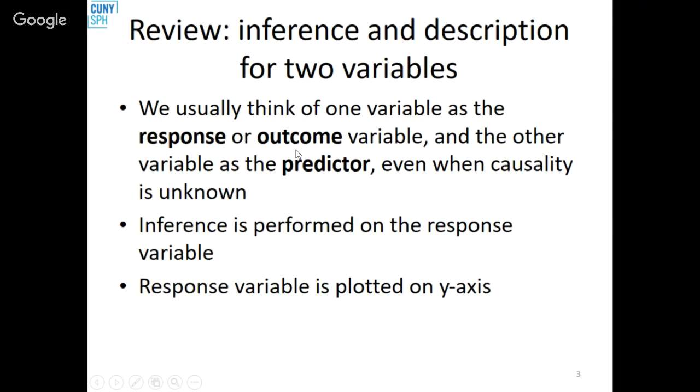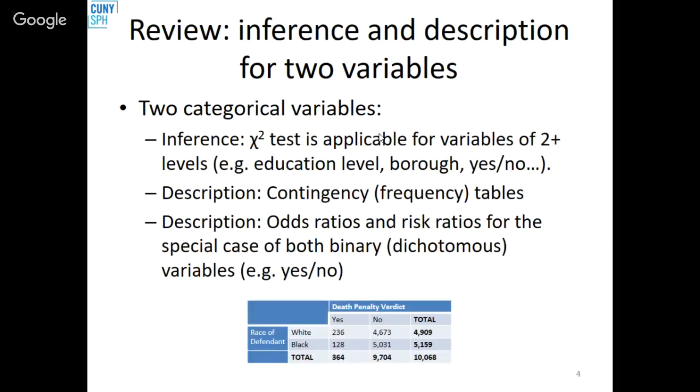This is not the case for, say, the chi-squared test, but it is the case in regression, where we have the response or outcome on the y-axis, and the one that we're hypothesizing is caused by something on the x-axis, the predictor, even when causality is not known but we have some hypothesis about the causality.